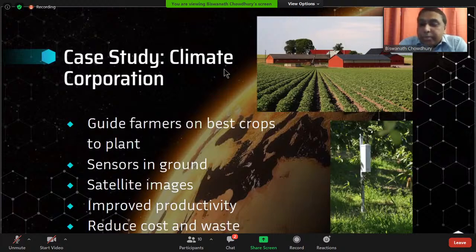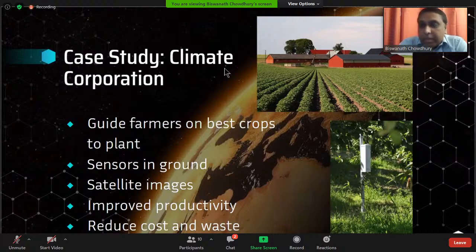So they also use sensors to monitor the soil humidity and other parameters. So it helps them guide as to how much to irrigate the field or what fertilizers to use. And they use satellite images and drones to monitor the crop health.